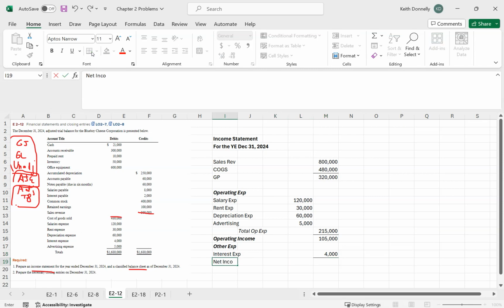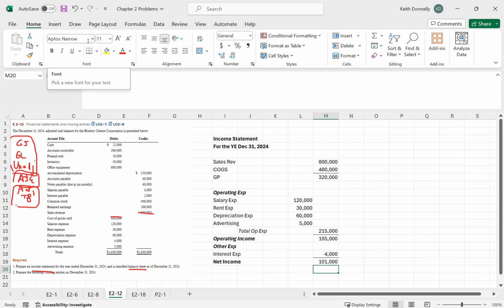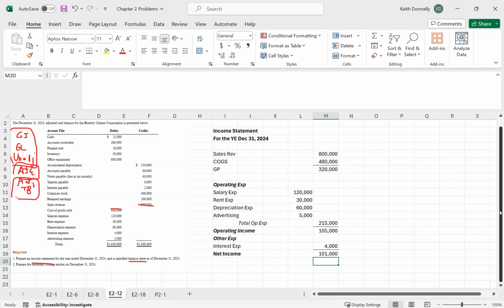When we take the 105 minus the 4, our net income is 101, right? There we go. We did the income statement for it.